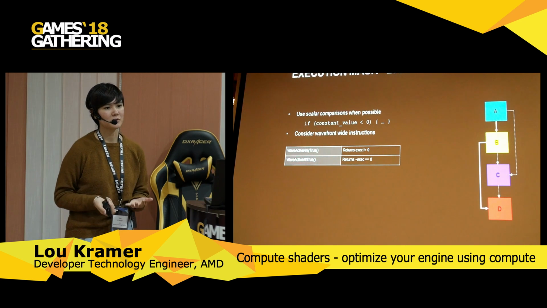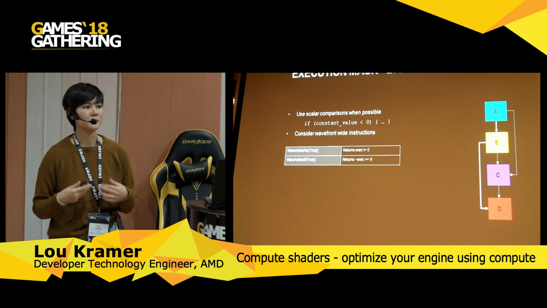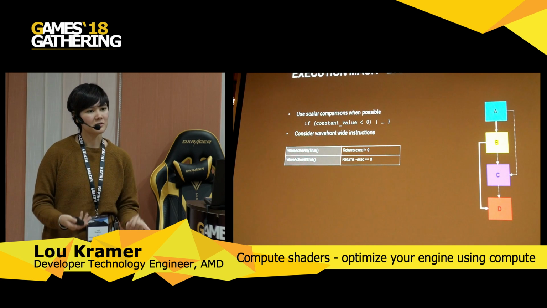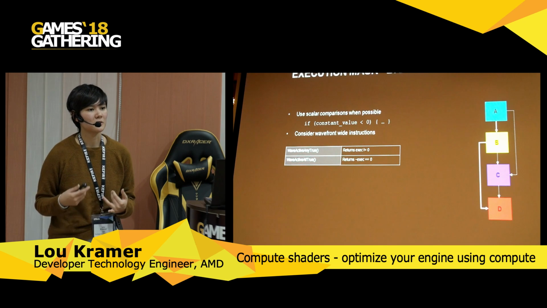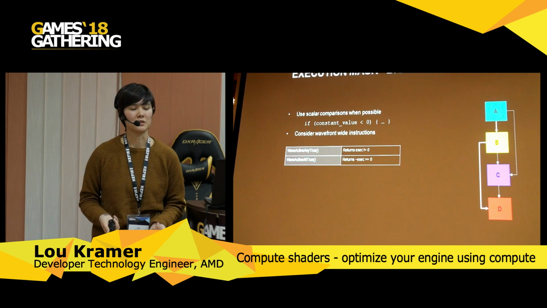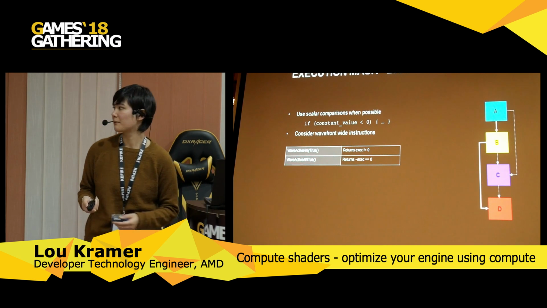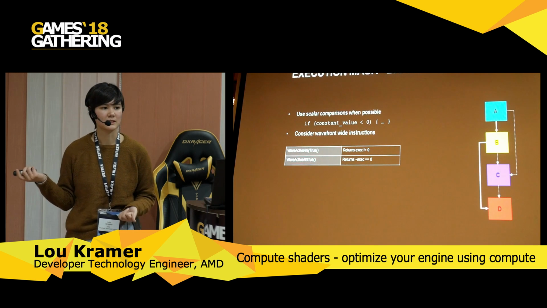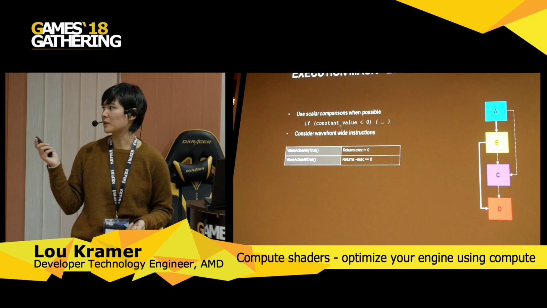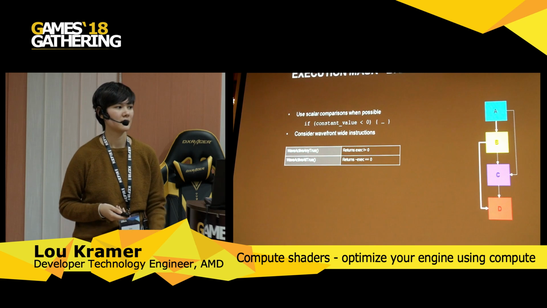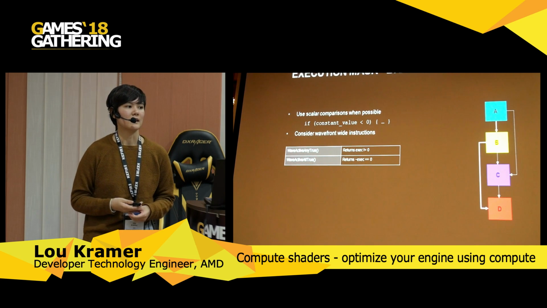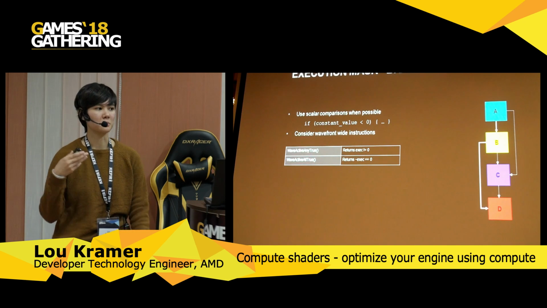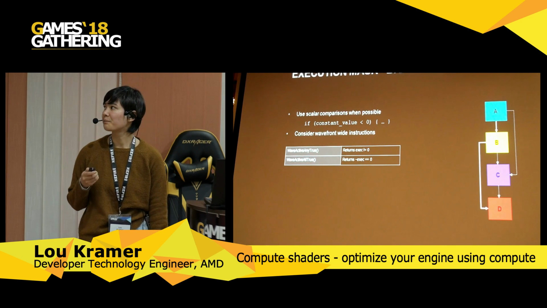Wave active any true basically returns true for all threads as soon as one thread returns true. And wave active all true is the opposite. It only returns true if all the threads return true. Otherwise, it returns false for all the threads. And this is also scalar because it's the same result for all the threads in the wavefront. In this way, you avoid divergent control flow, and you avoid the need to go into both blocks of the branch.